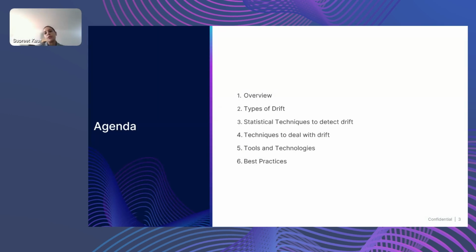I'm also going to talk about some of the tools and technologies that are available out there for you to integrate in the entire life cycle of your machine learning project or product. And in the end, I would just summarize everything that we discussed, in terms of best practices.